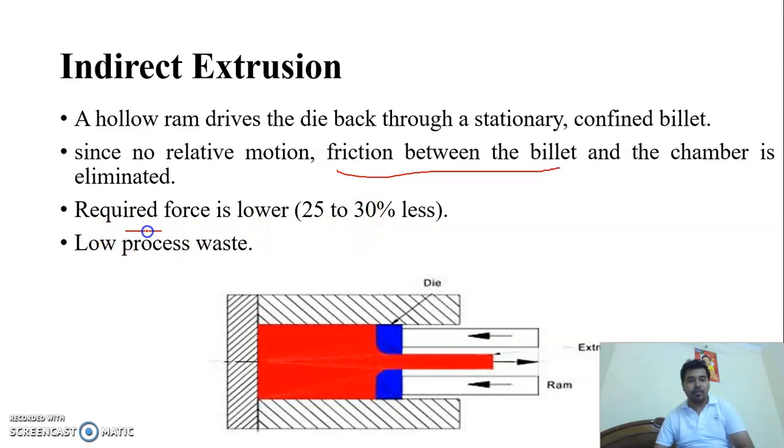So the required force is lower, 25% to 30% less compared to direct extrusion. In this process, we find low process waste.